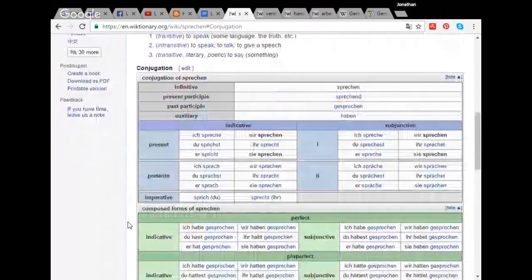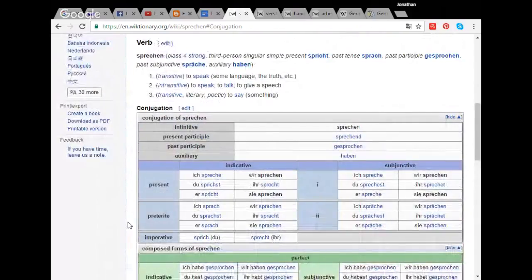But overall, when my German teacher was teaching me in the university, we would usually take the infinitive, like sprechen, and then we would take the third person singular, spricht. Then we'd take the past tense, like the I form, ich sprach, and the past participle, gesprochen.